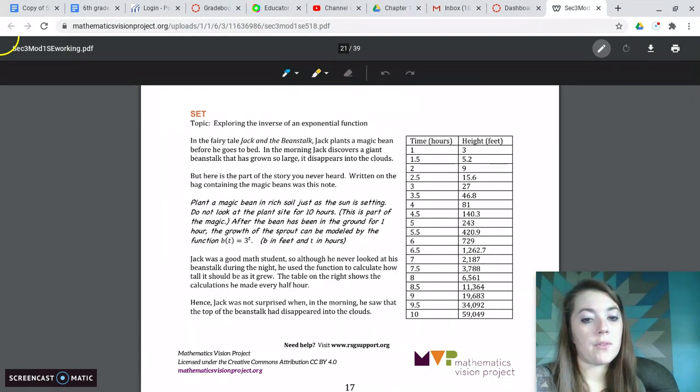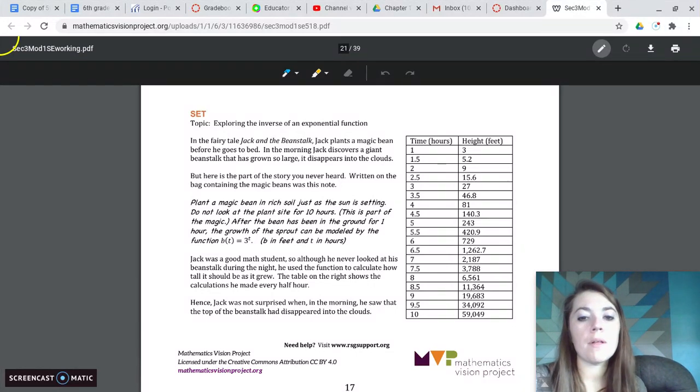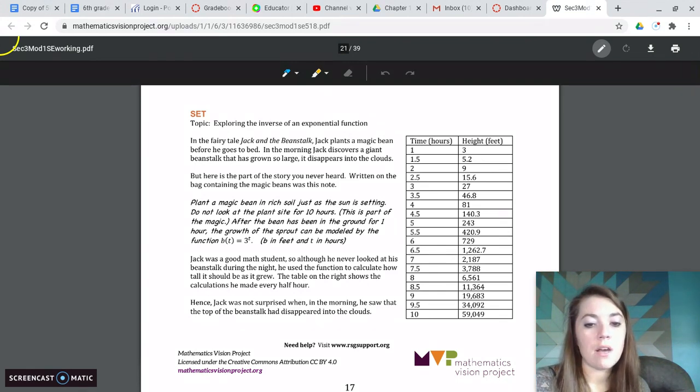Jack was a good math student, so although he never looked at his beanstalk during the night, he used the function to calculate how tall it should be as it grew. The table on the right shows the calculations he made every half hour. Hence, Jack was not surprised when in the morning he saw that the top of the beanstalk had disappeared into the clouds.